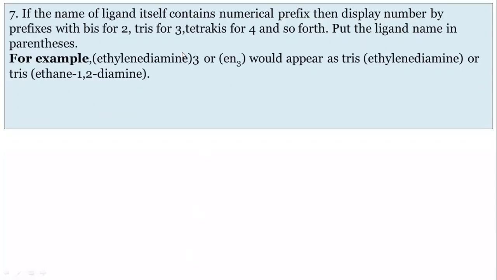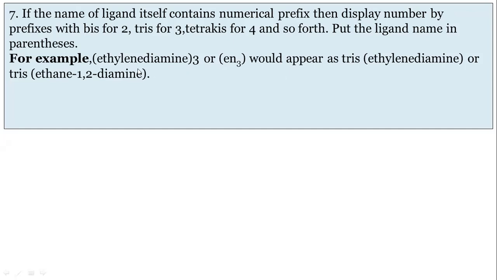If the name of the ligand itself contains a numerical prefix, for example ethylenediamine, you know this ethylenediamine, it already contains the di word. If this situation is there, if the ligand itself contains the number and there are 3 ethylenediamines, then what do we have to do? We have to use the prefixes tris for 3 and bis for 2.